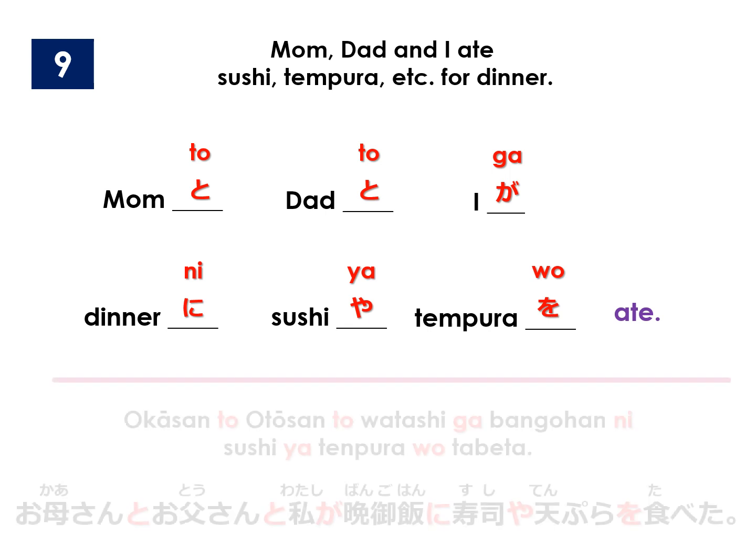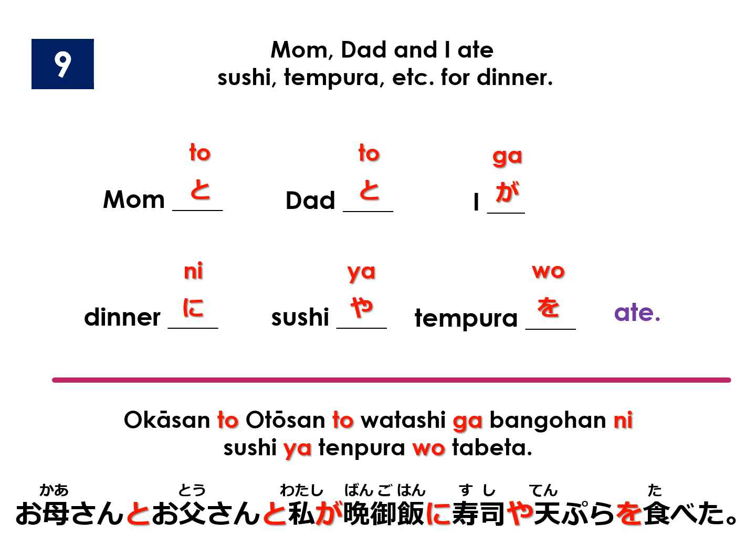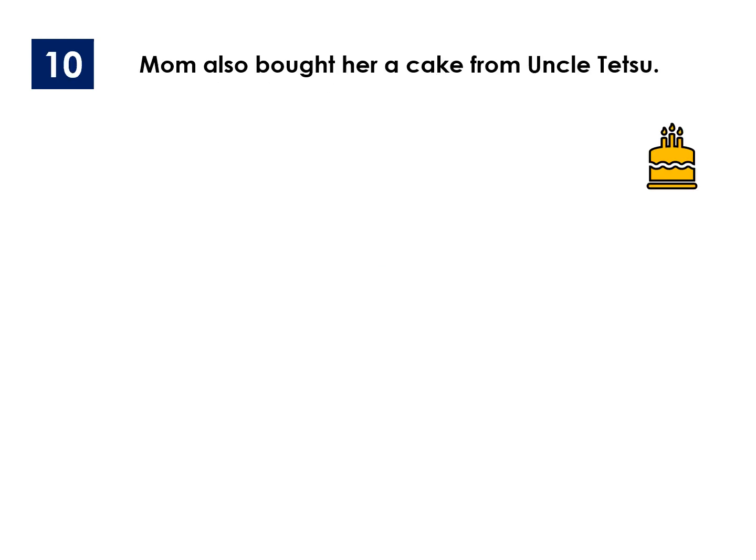And in Japanese, we say, お母さんとお父さんと私が晩ご飯に寿司や天ぷらを食べた。Mom, Dad, and I ate sushi, tempura, etc. at dinner.